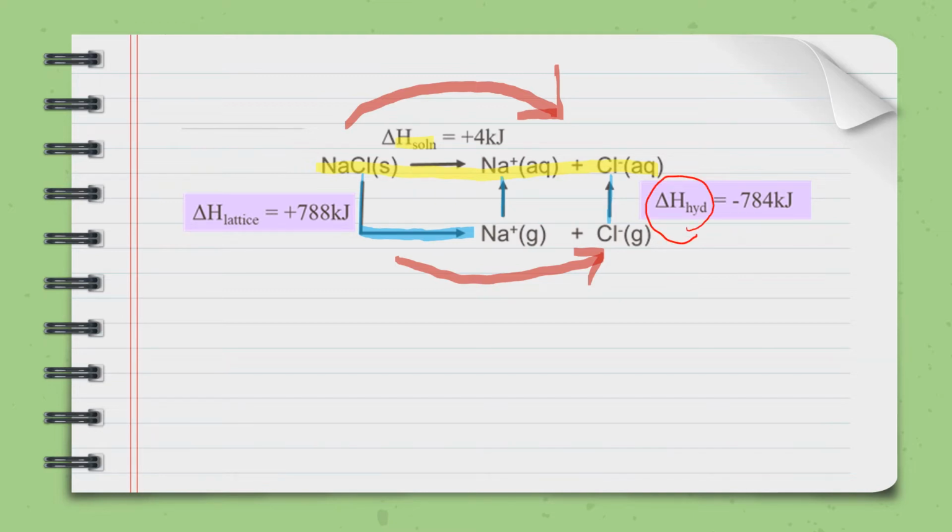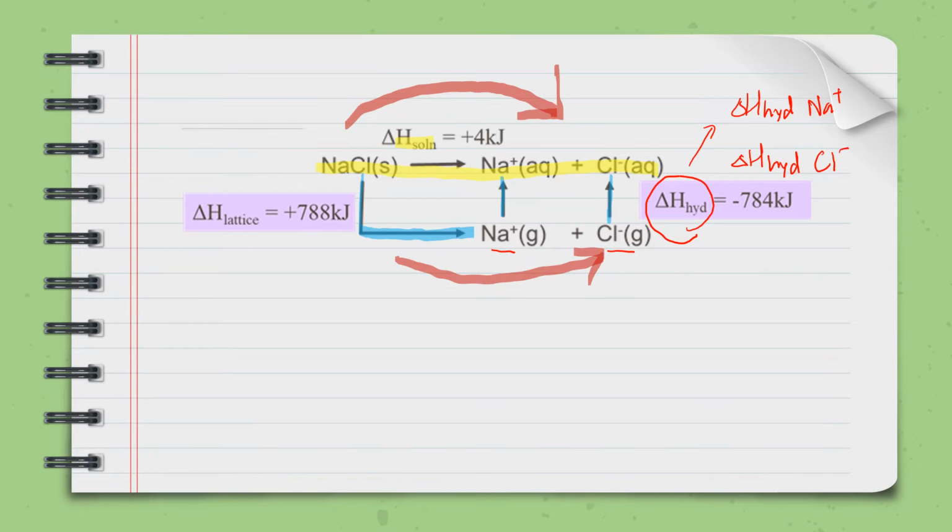The one given to you is for the overall hydration, meaning for both Na plus and Cl minus. But in some questions, it might separate the value. It will give you a specific delta H hydration for Na plus and delta H hydration for Cl minus.